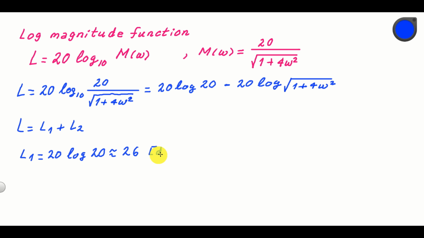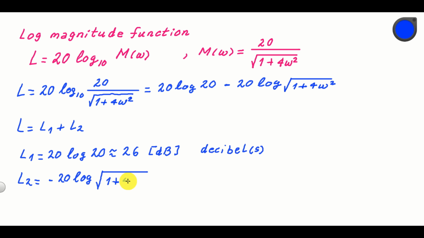That is, here is the unit, dB, or decibel, or decibels if you like the plural. And L2 is minus 20 log square root of 1 plus 4 omega squared. Good.